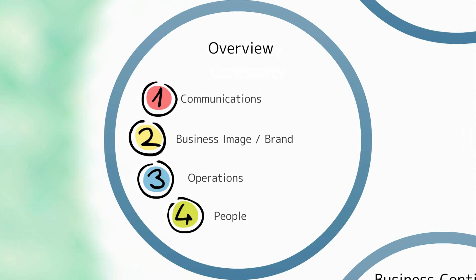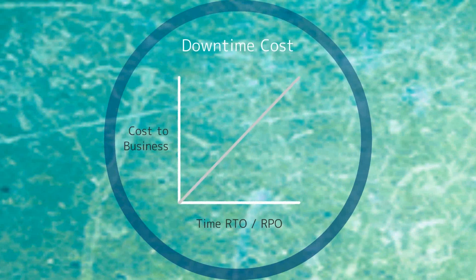And lastly, one that's often overlooked is people. What happens if you lose your senior management team, or they're struck down by illness for several weeks? Have you got redundancy and plans of succession in place so that you don't have a weak link in your staffing?